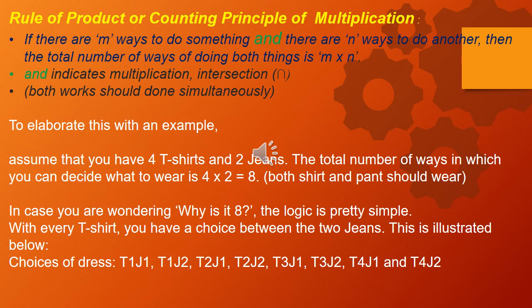Since he has 4 shirts, he can wear a shirt in 4 ways, and since he has 2 pants, he can wear a pant in 2 ways. According to the counting principle of multiplication, the total number of ways of wearing a dress is 4 into 2, which is 8 ways. These are the different choices of wearing dresses.